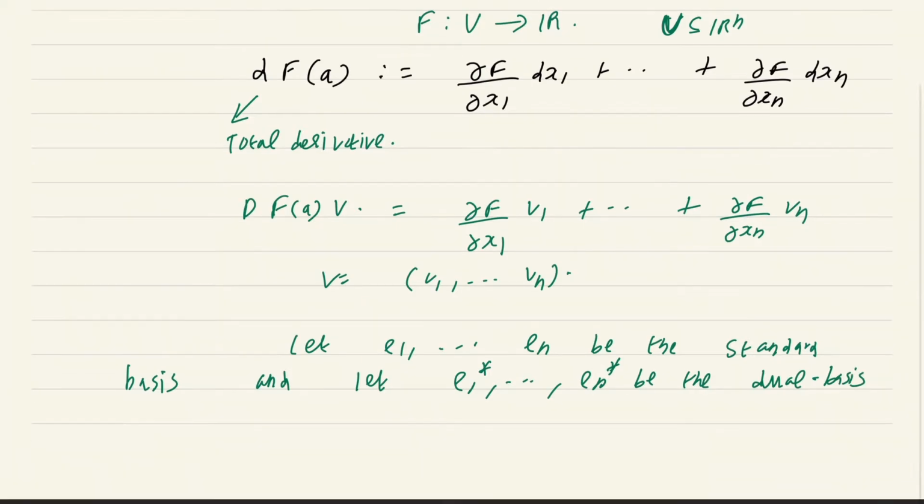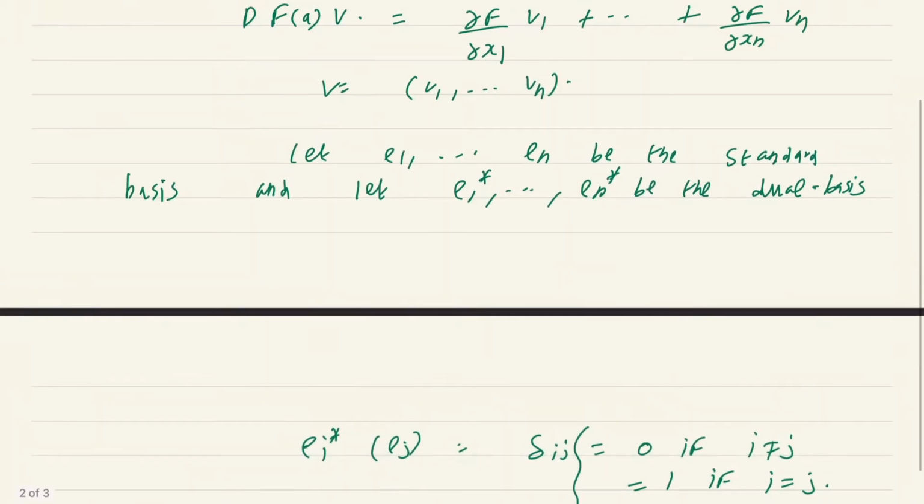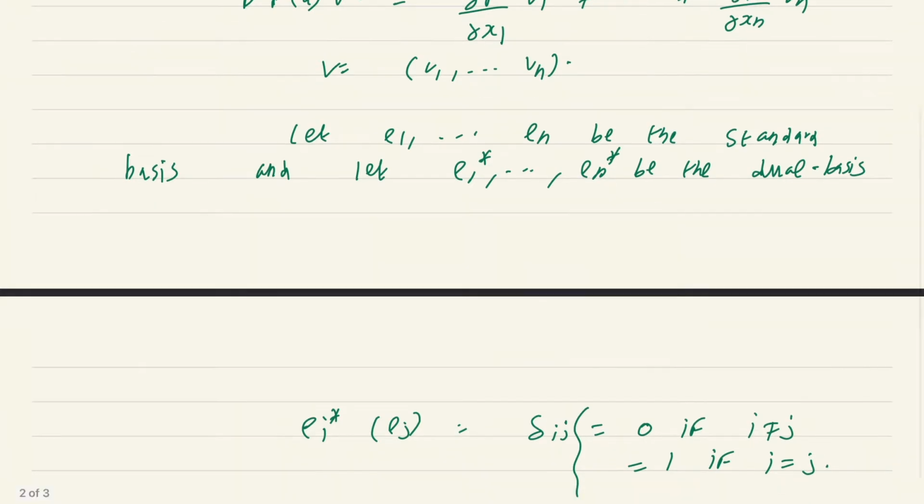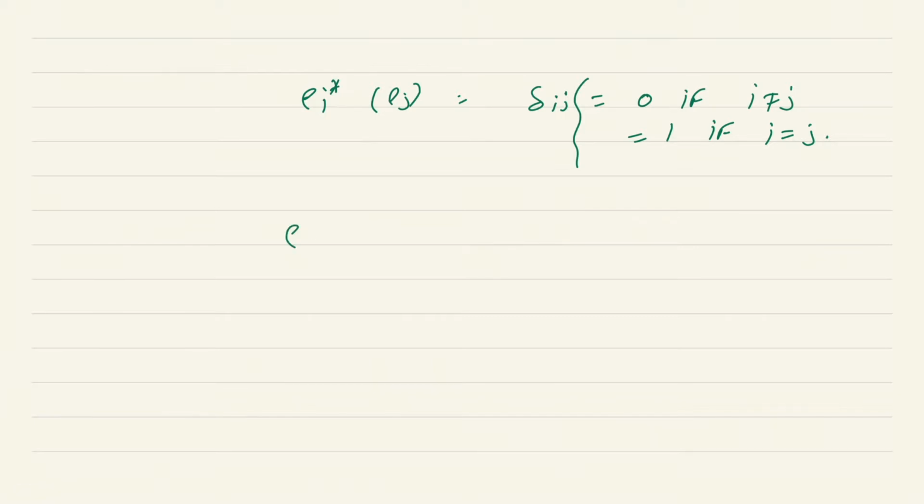Recall that this means that ei star of ej is the Kronecker delta, delta ij, which is 0 if i is not equal to j and 1 if i equals j. So these standard dual vectors e1 star to en star, when you plug in v, ei star of v is nothing but the ith coordinate vi. This is all elementary linear algebra.